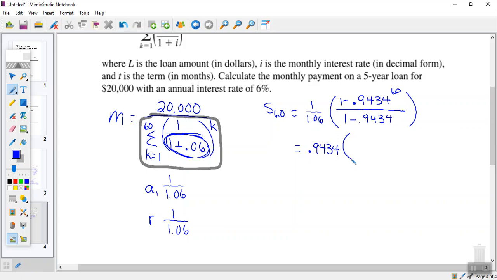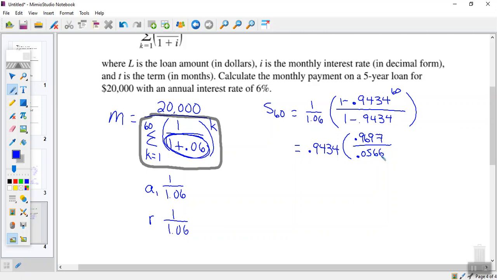What do you all get? 0.9697. All over, what's 1 minus 0.9434? Because I get 0.0566. Do you guys get the same down there?